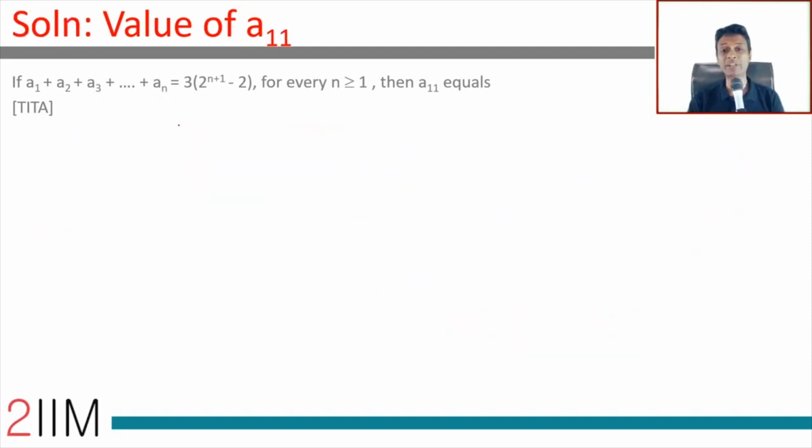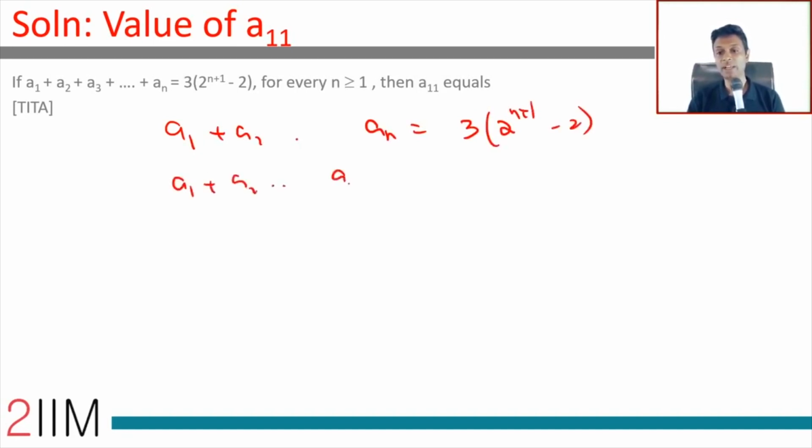The other more mathematical way of doing it: a1 plus a2 all the way till an is 3 into 2 power n plus 1 minus 2. a1 plus a2 all the way till a n minus 1 is 3 into 2 power n minus 2. Subtract one from the other, all of these disappear.